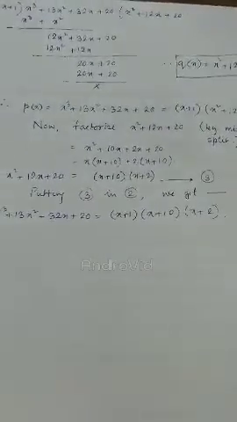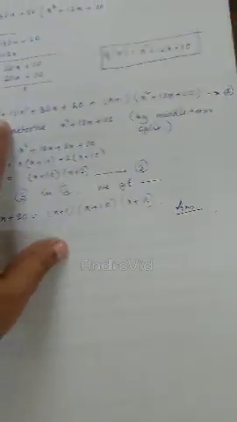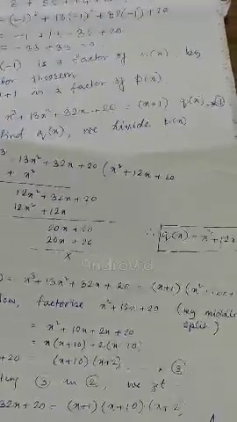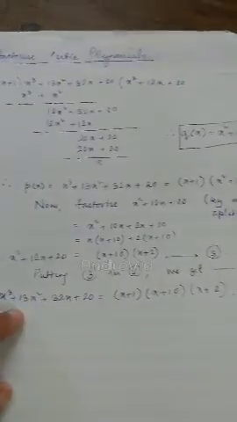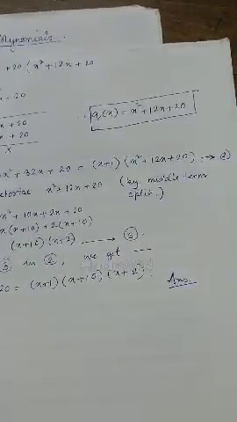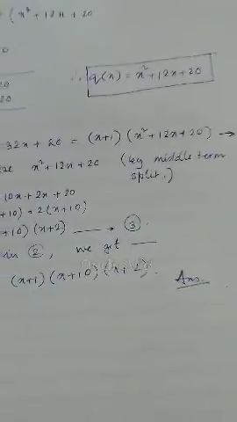So thus what can we write? p(x) is equal to x plus 1, which I had written as x plus 1 into q(x) in equation 1. Now instead of q(x) I have put the value x square plus 12x plus 20.